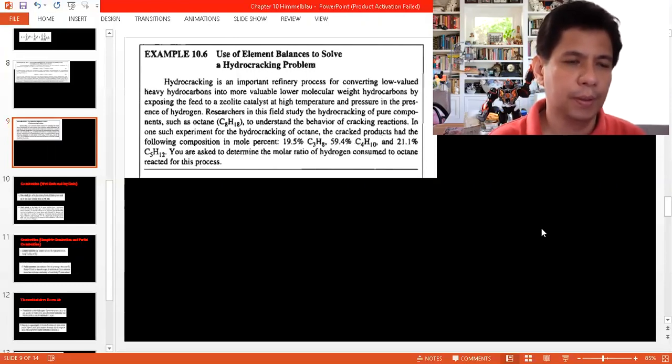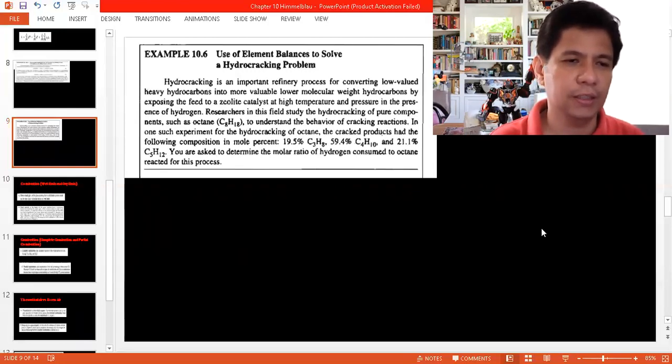So basically in this problem, we're going to convert octane. Octane is C8H18, it contains 8 carbons, into C3H8, that's propane, C4H10, that's butane, and C5H12, that's pentane.